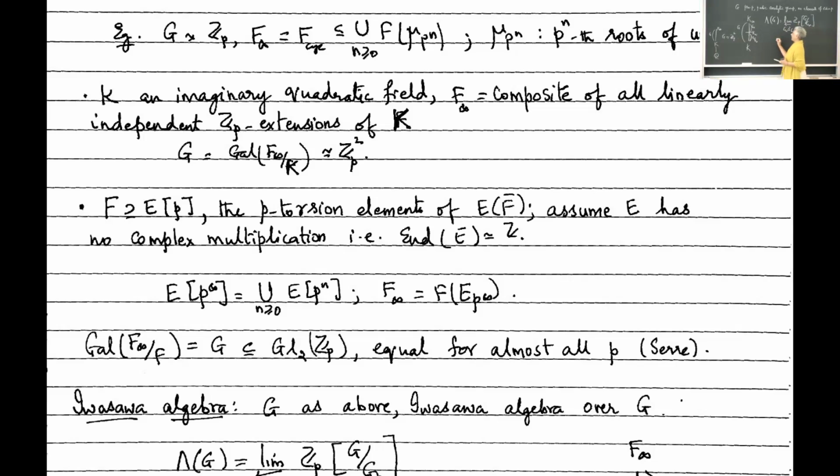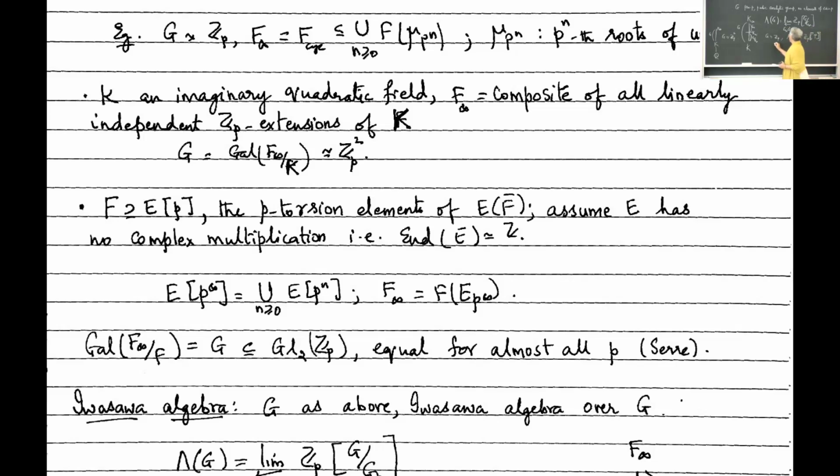And in this case, for instance, when G is Zp, then this Lambda(G) just turns out to be the power series ring in one variable. Which from the commutative algebra point of view, is a beautiful ring. It's a complete regular local ring. It has a dimension theory.